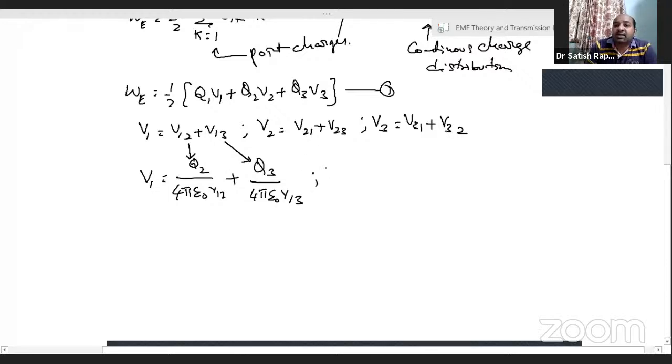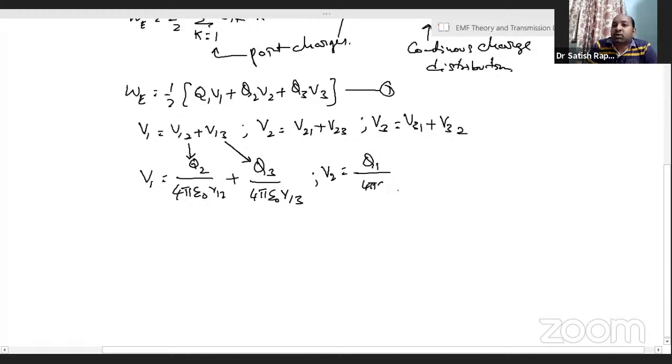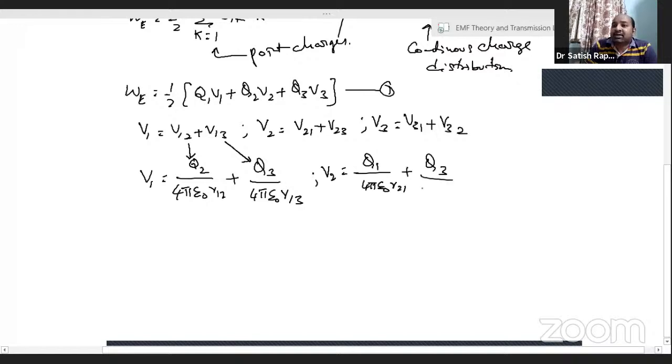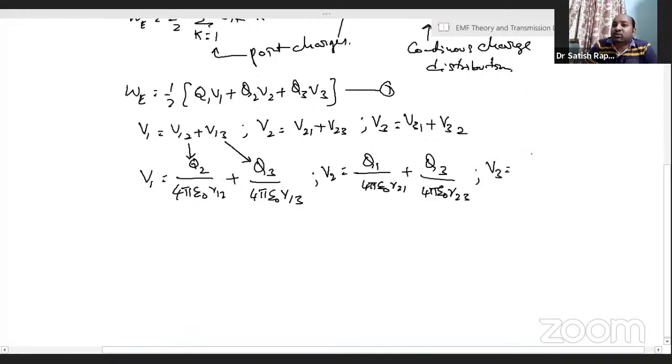Similarly, v2 is equal to q1 by 4 pi epsilon naught r21 plus q3 divided by 4 pi epsilon naught r23. And v3 is equal to q1 by 4 pi epsilon naught r31 plus q2 divided by 4 pi epsilon naught r32.